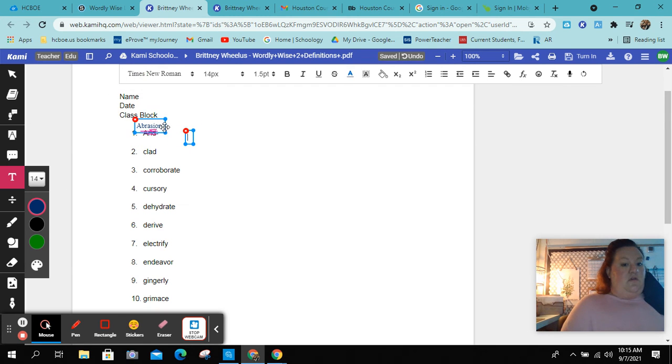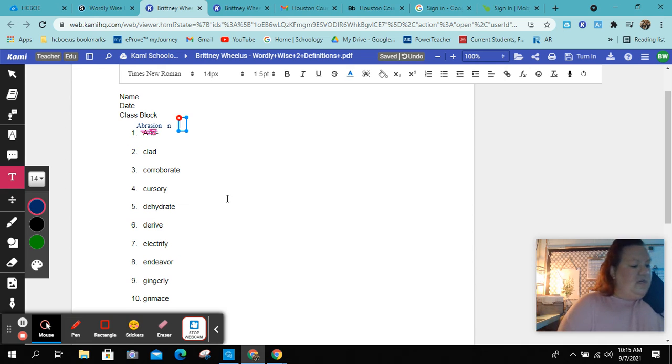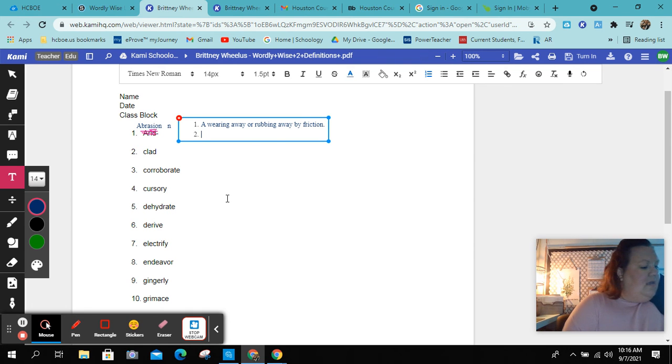Okay, and then don't forget you are going to do the part of speech, which is a noun. And then you have your first definition, a wearing away or rubbing away by friction. 2 is a scraped or worn area.